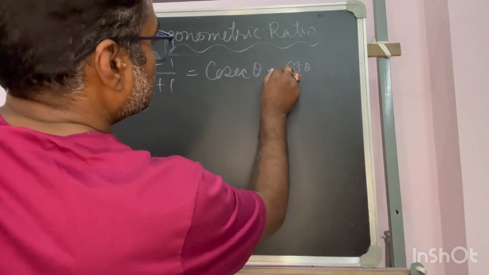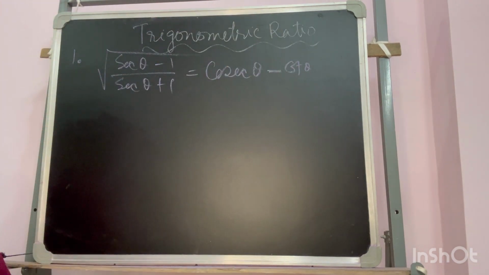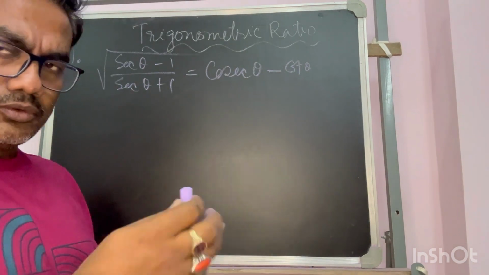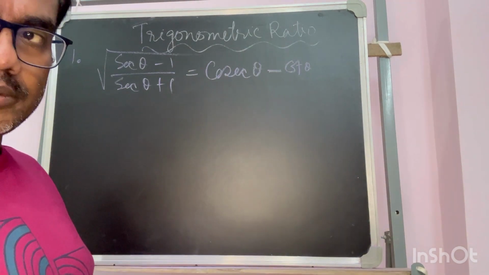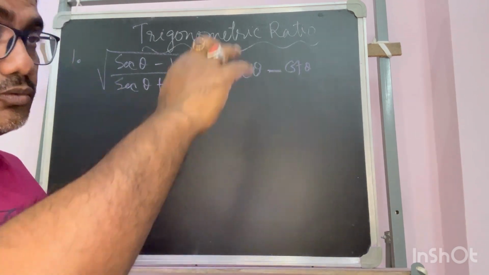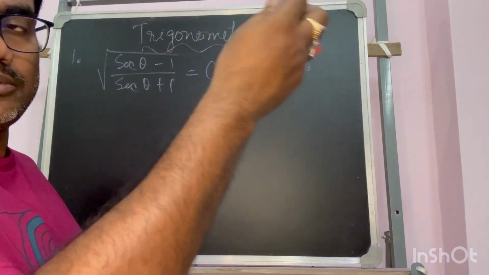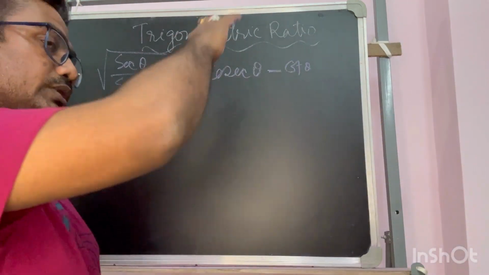So the ratios can all be brought or interlinked somehow or other to each other. Means all 6 ratios you can correlate to each other by any means. Means if sine is equal to 1 by cosec, then cosec is related to cot, related to tan, so it is a cycle.